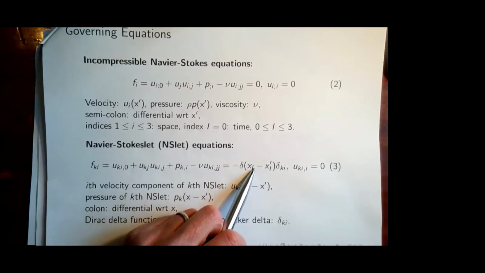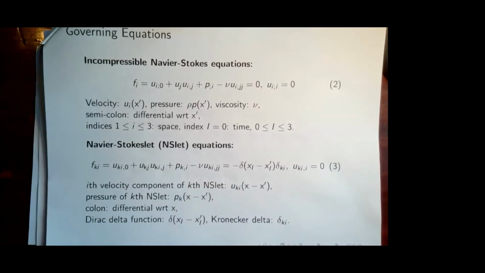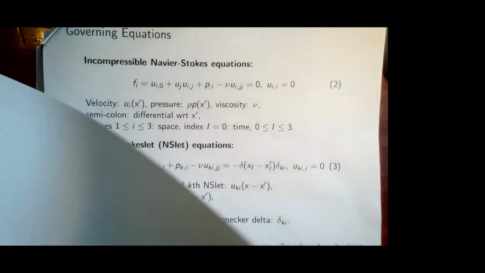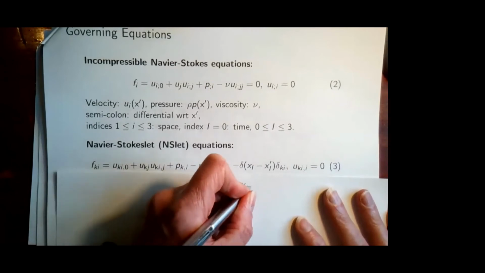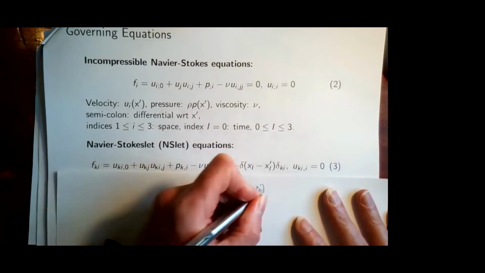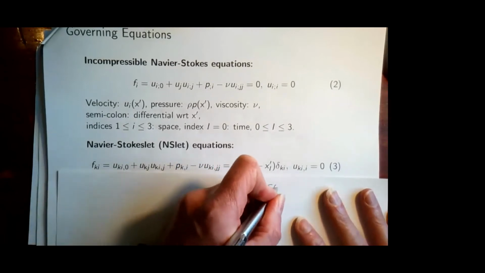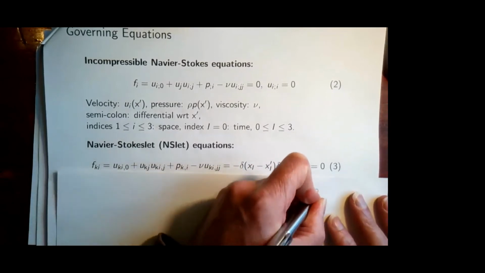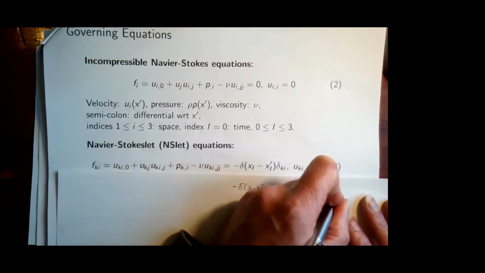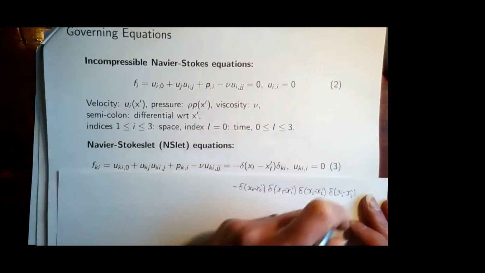This is a Dirac delta function over the 4 space-time coordinates: 3 space coordinates and 1 time coordinate. So that means minus delta of x0 minus x0 prime times delta of x1 minus x1 prime, delta of x2 minus x2 prime, and delta of x3 minus x3 prime.